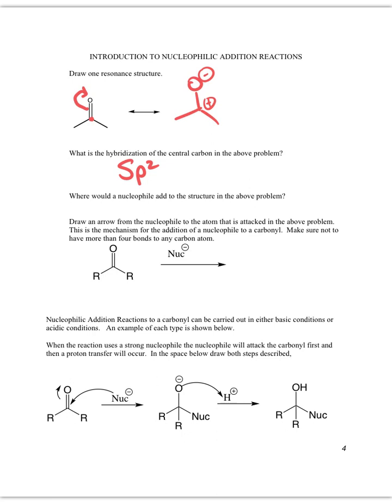Where would a nucleophile add to the carbonyl? The only place it can add is where you have the cation, the central carbon, because remember the charge on a nucleophile is negative. The carbonyl has a partial positive on the carbonyl carbon because of electronegativity.